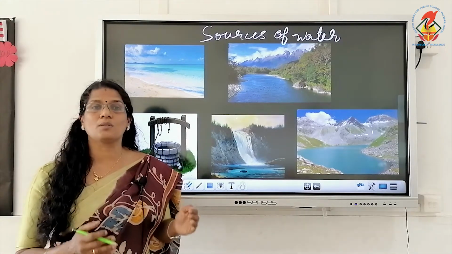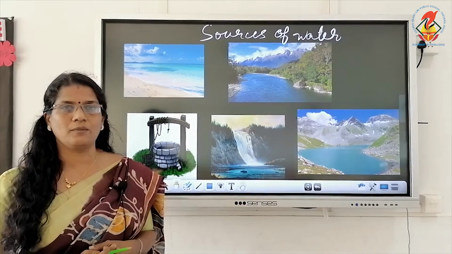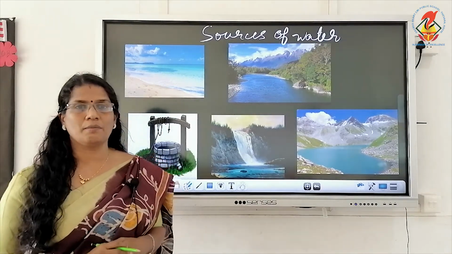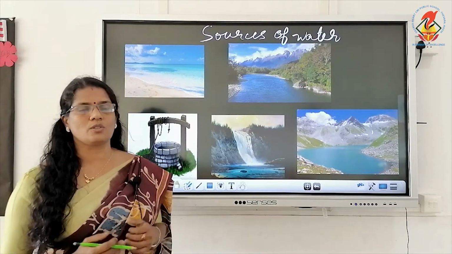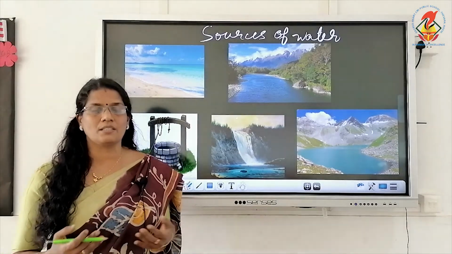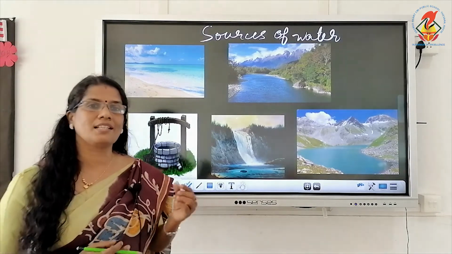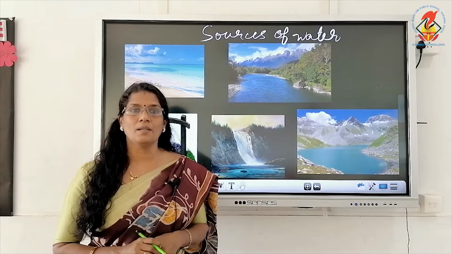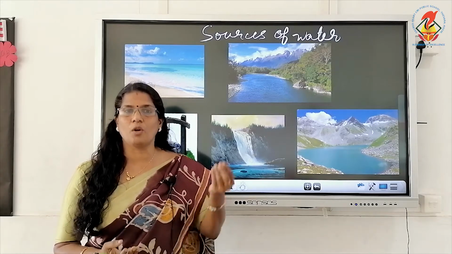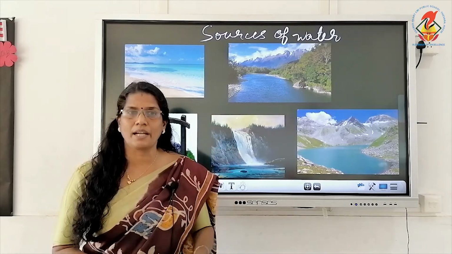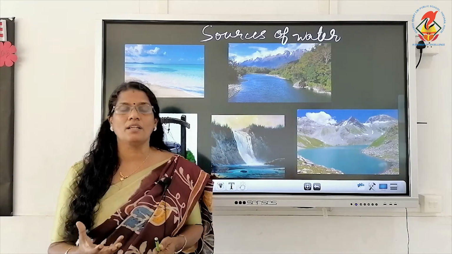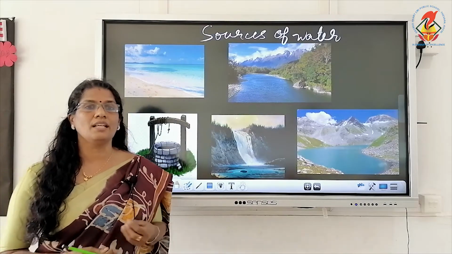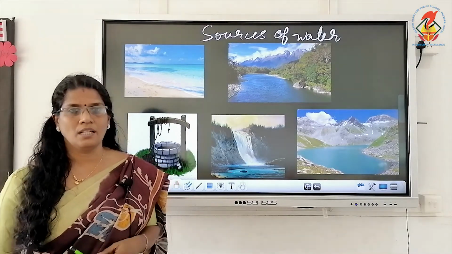Because the major content is salty water, which is not drinkable or used for our domestic purposes or for irrigation. Some 2% is in the ice caps. So only very little water is available in pure form. Rainwater is pure, and some water seeps inside the soil; the rainwater and this groundwater are pure forms of water, but only a very small amount is available to us.